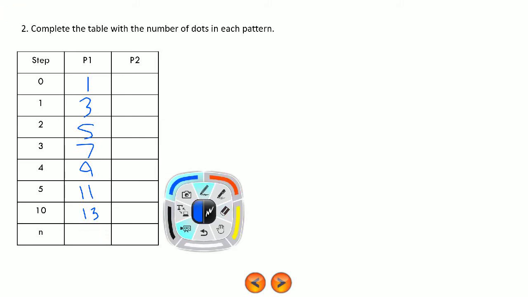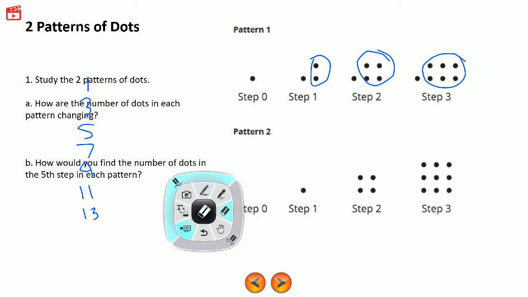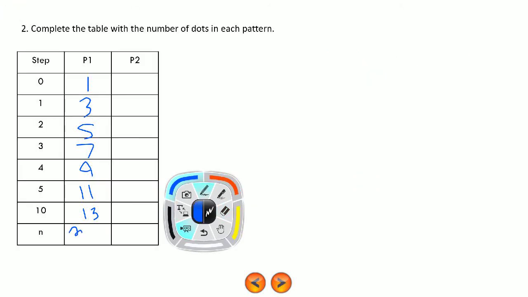So for our nth, what would our nth be? Going back to our pattern, step 1, step 2, step 3, that's basically my columns, right? And then I add one more to it. So for my nth, I could say 2n plus 1. 2 dots per column plus the one more extra.